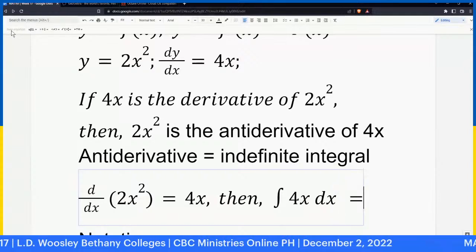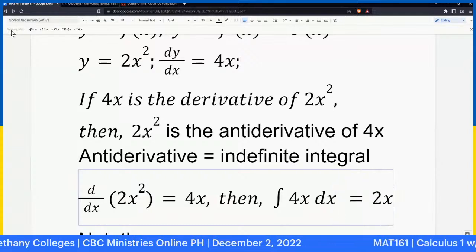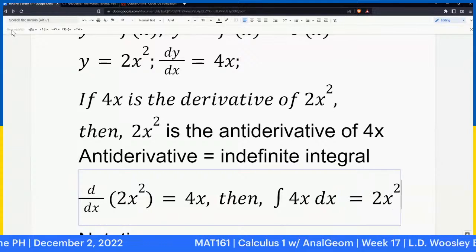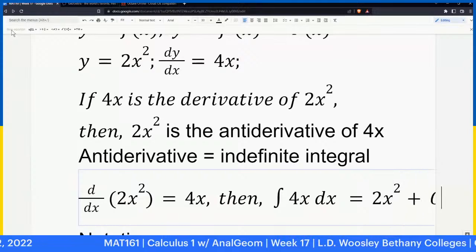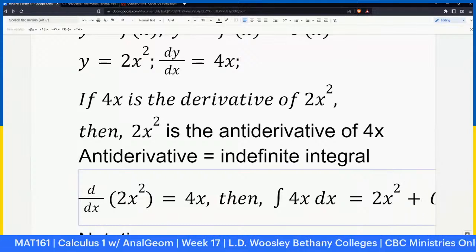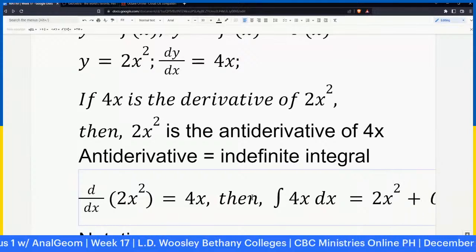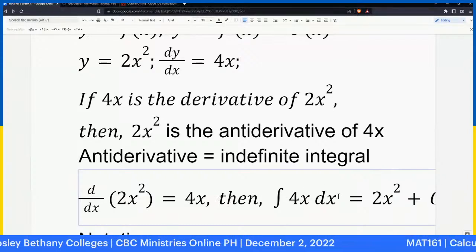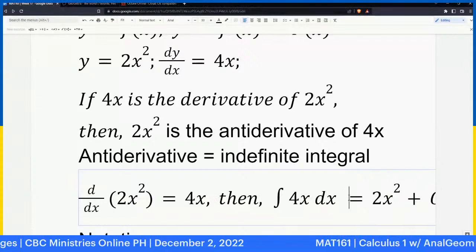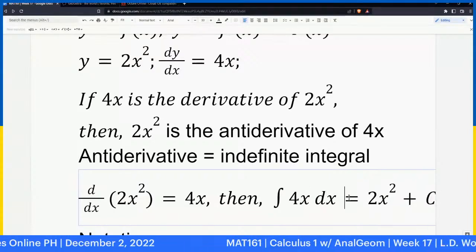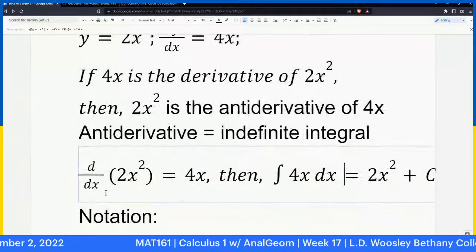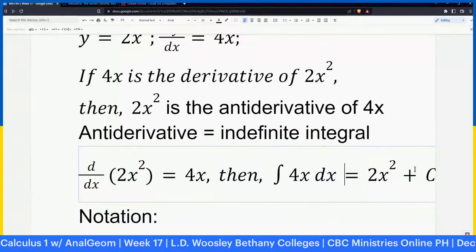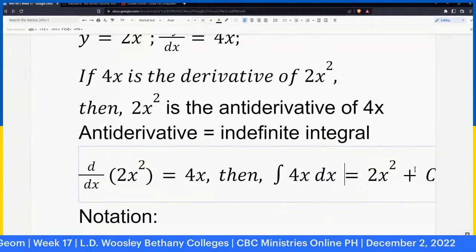This would be equal now to 2x squared plus c to represent all of the possible answers. No, okay. So for instance, because if you will get the derivative of 2x squared plus 1, Gian, what's the derivative of 2x squared plus 1?